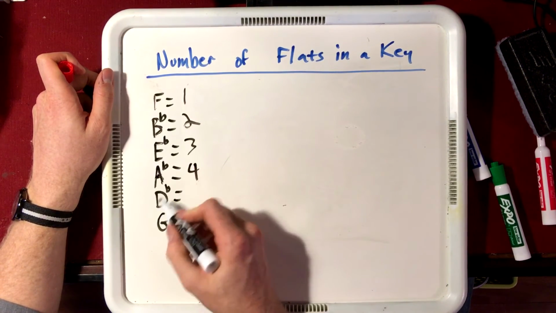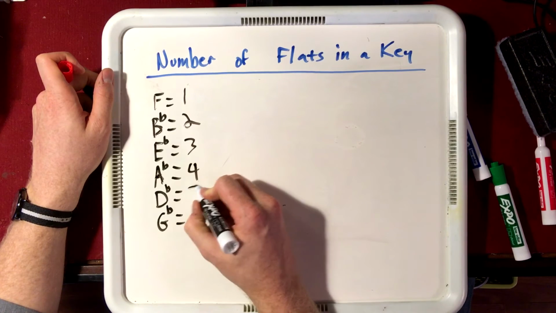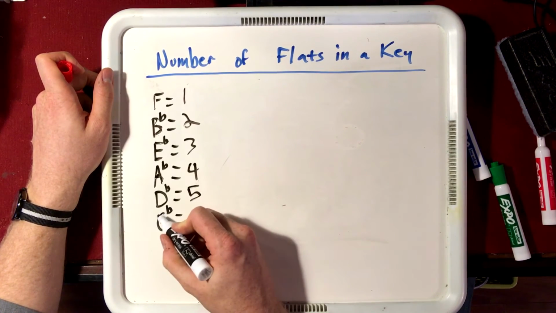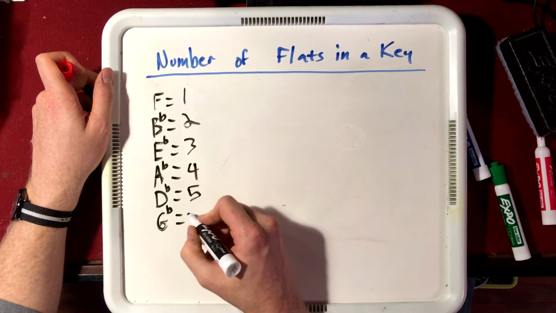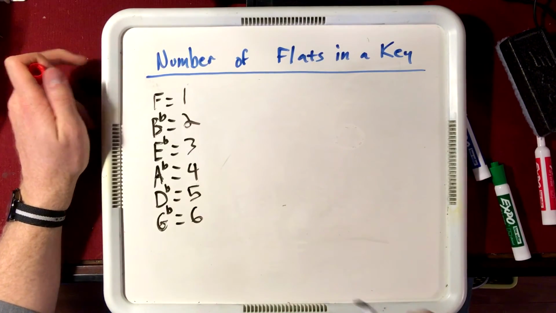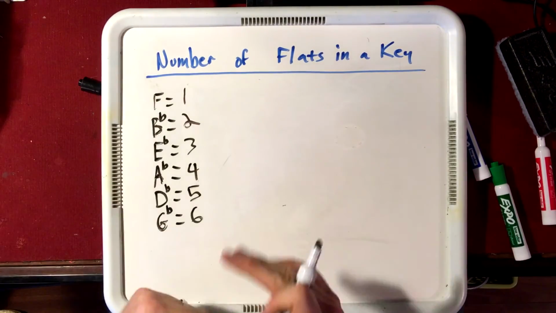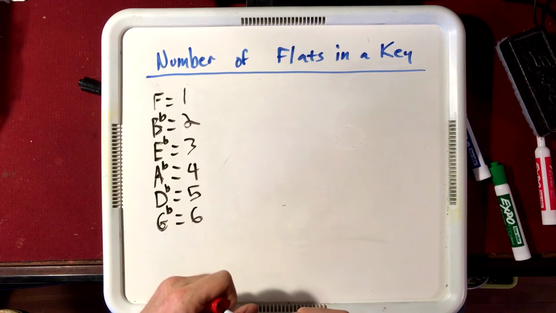D is kind of a stretch, but looks like the bottom half of a 5. And then G flat looks undeniably just like a 6. So there you go. That is how to memorize the number of flats in all of the flat keys. Hopefully that's helpful to you and you will never have a problem again memorizing how many flats are in all those keys.